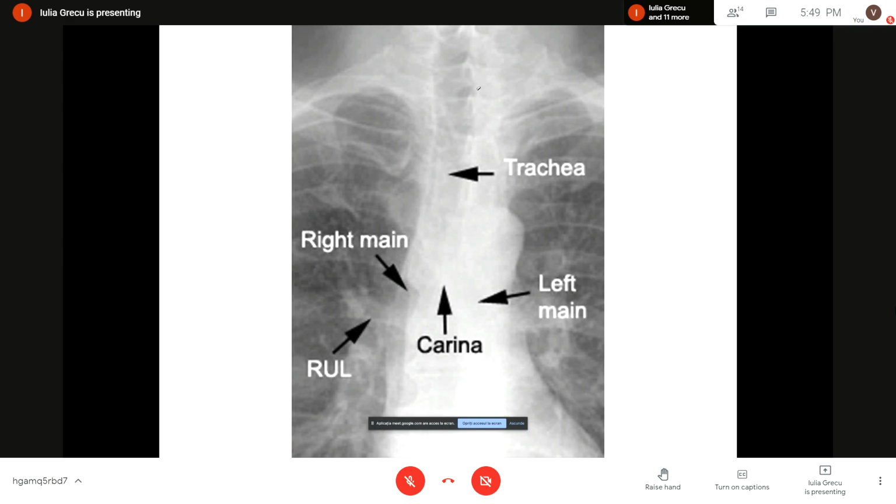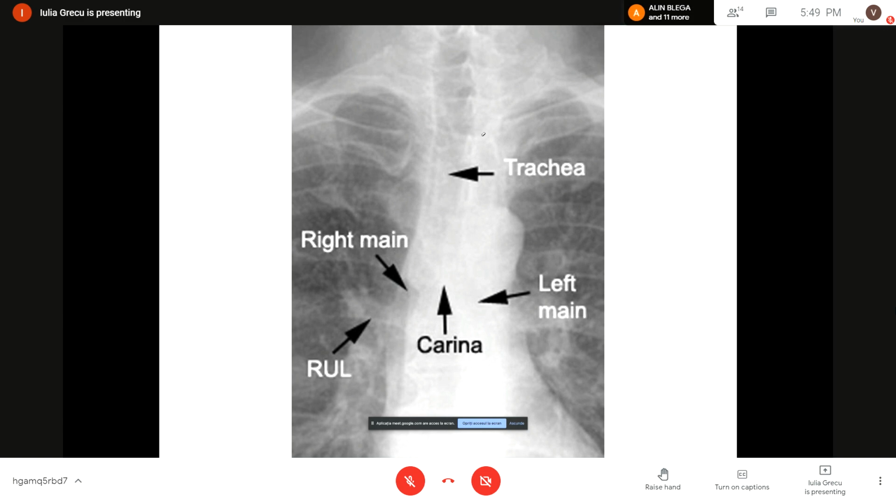So the trachea is this band here in the midline, a little bit black or darker if you want, similar to the lungs, as compared to the other structures that are very white around it. It's this band in the midline which has very regular and parallel margins.